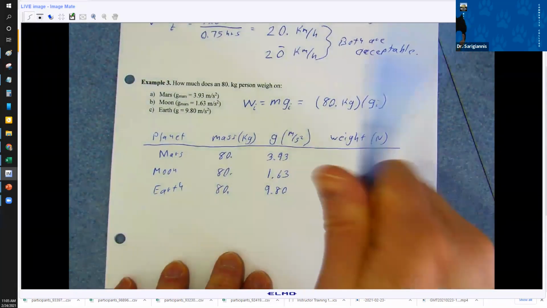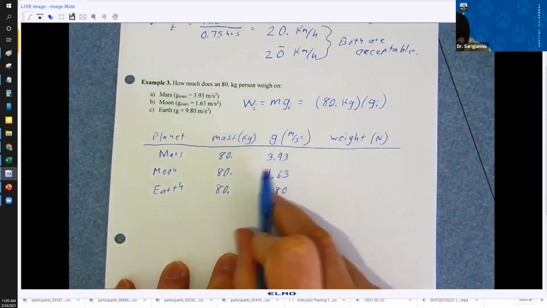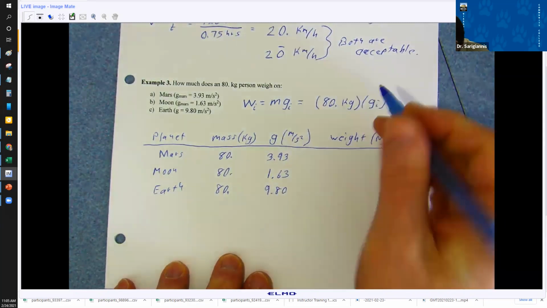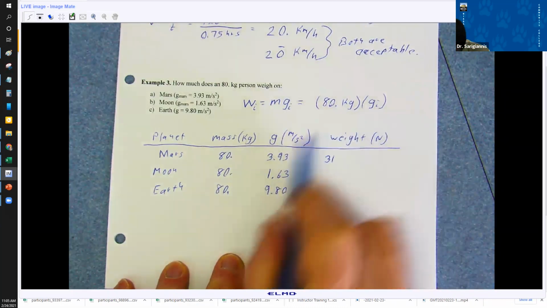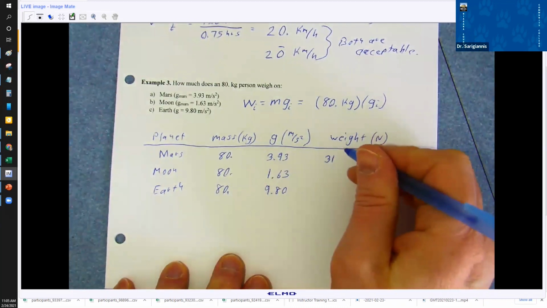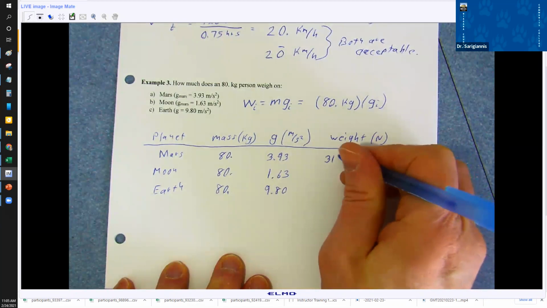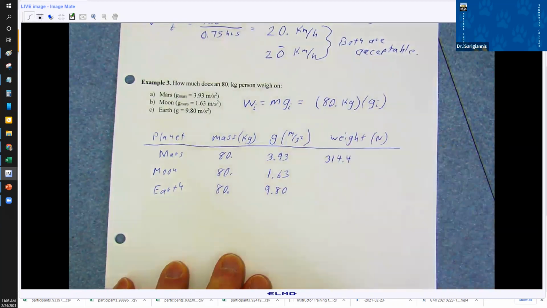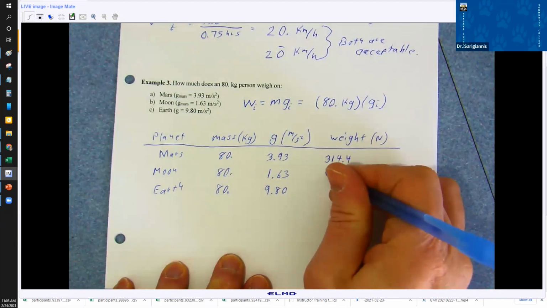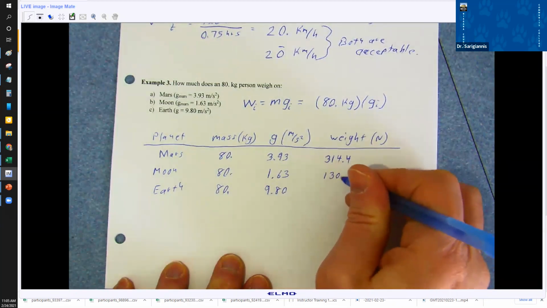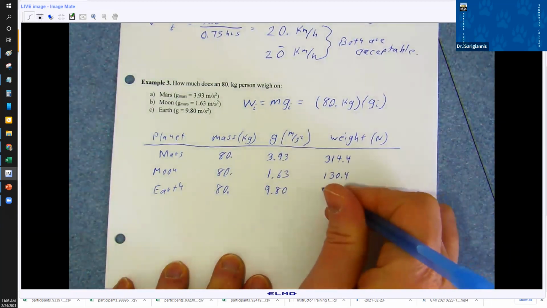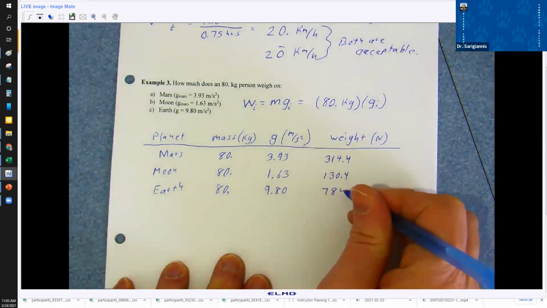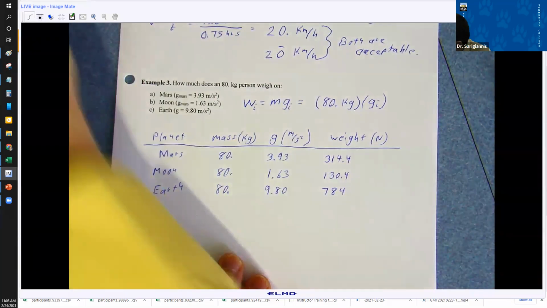Let me just do the multiplication. So if you just do the multiplication, you get these numbers, right? 80 times G. So we've got 314.4 on Mars. For the moon, we've got 130.4. And then on Earth, we have 784. And we're going to round these.